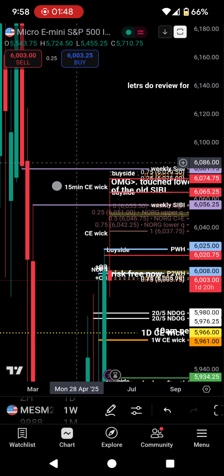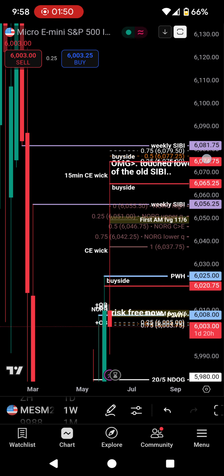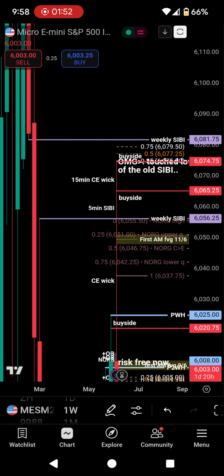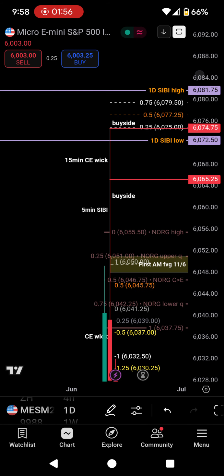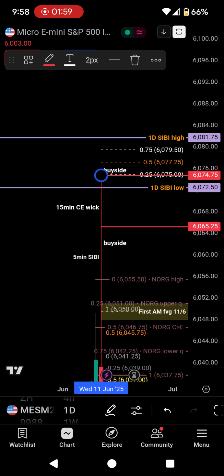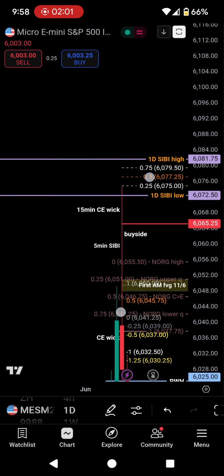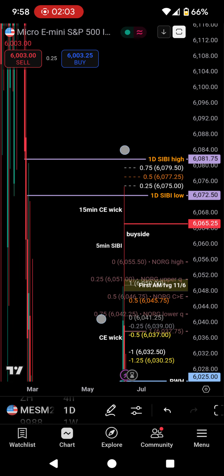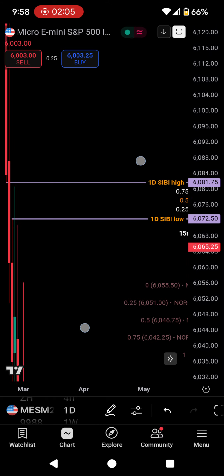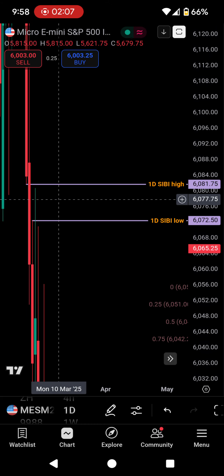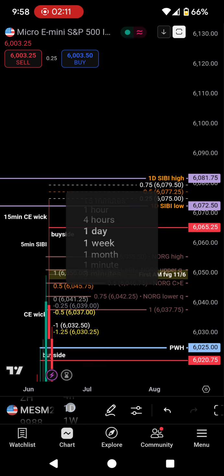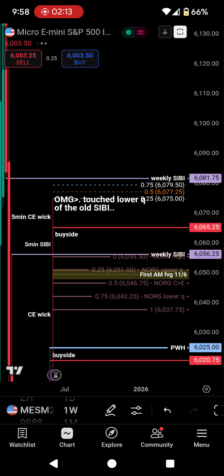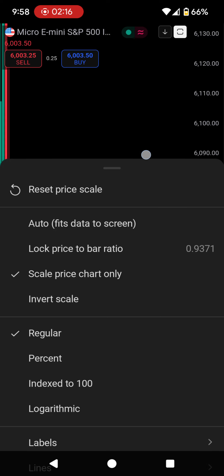Okay, so this weekly CB, we'll have a look at that. Because when you go lower time frame, there's a daily CB there. Look at that. Yeah, we got an old daily CB right here, inside the weekly CB, which is here.